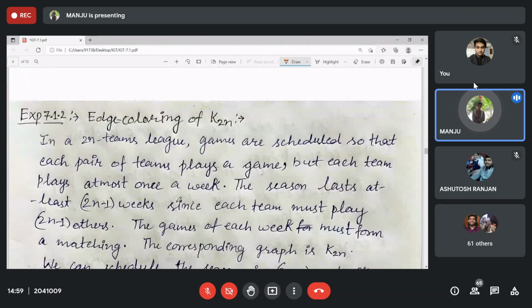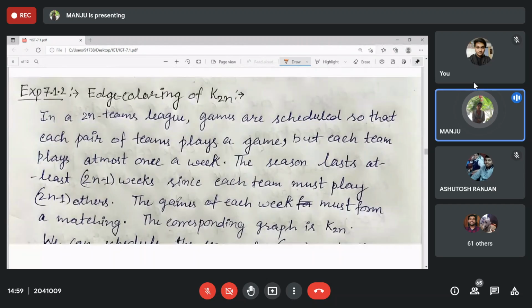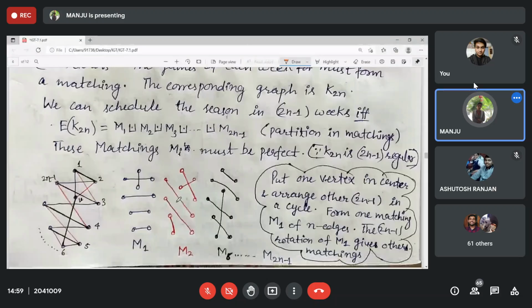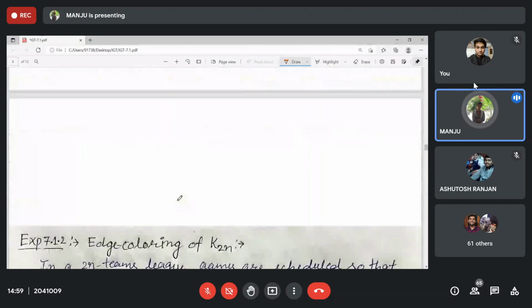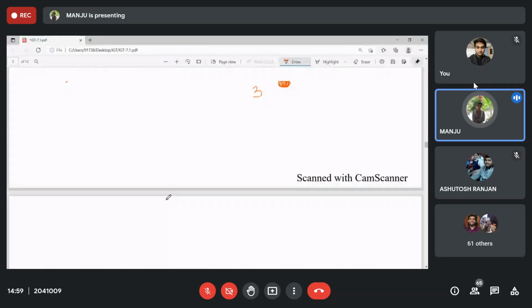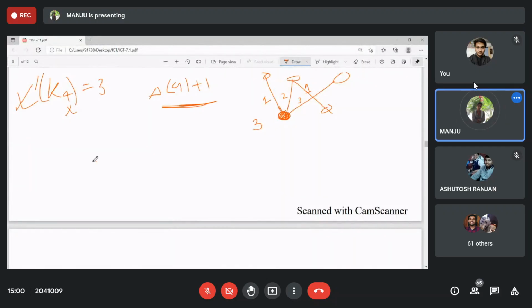Edge coloring in K2n. The graph K2n, or we can start with K2, then K4. What was the coloring for K2n in terms of vertices? And why is this K2n only?